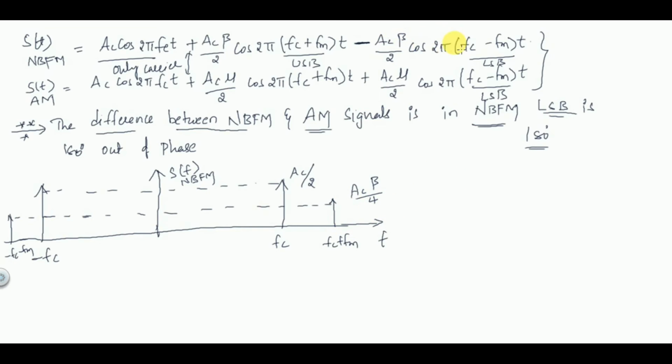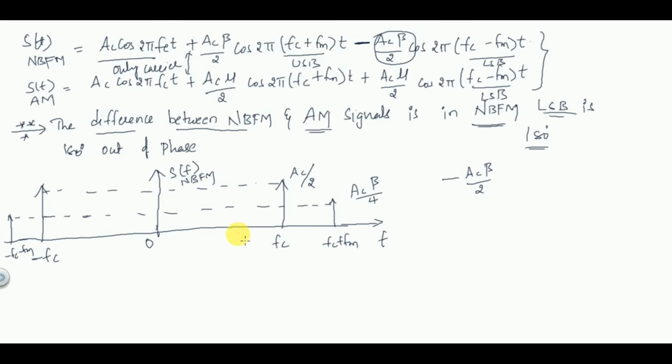Now for the LSB. In the AM, because it is not 180 degrees out of phase, you drew it on the upper side, a positive value. But now it is a negative amplitude, minus AC beta by 2, so the impulse should be drawn downside.